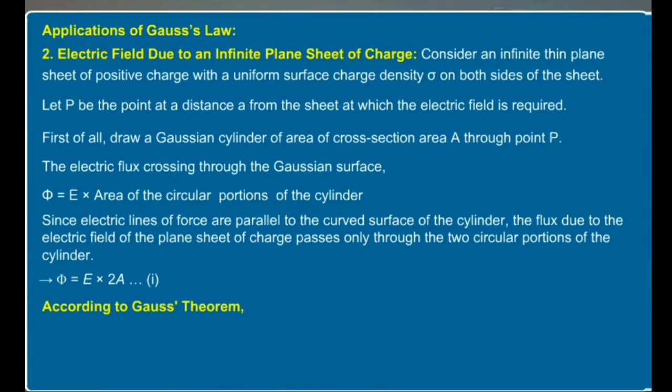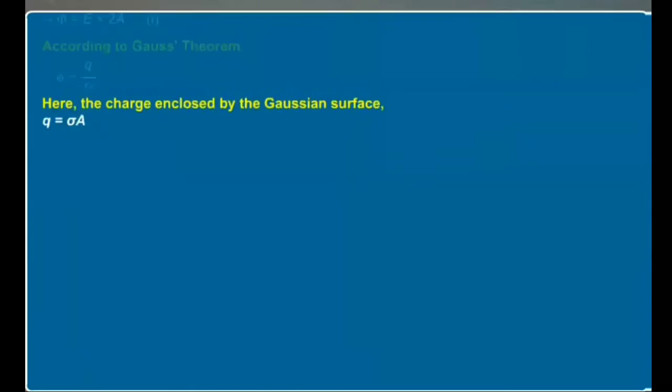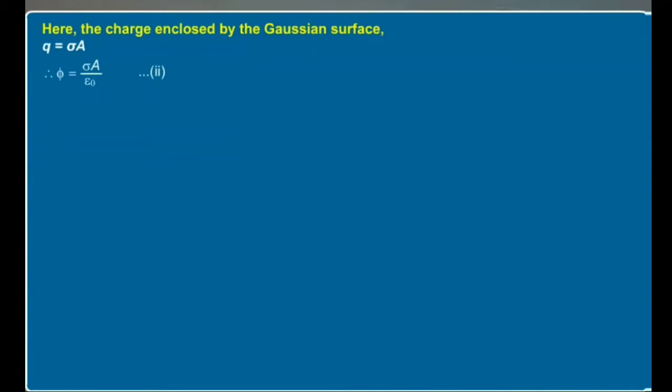According to Gauss theorem, phi is equal to Q by epsilon naught. Here the charge enclosed by the Gaussian surface, Q, is equal to sigma A. Then flux phi is equal to sigma A by epsilon naught.